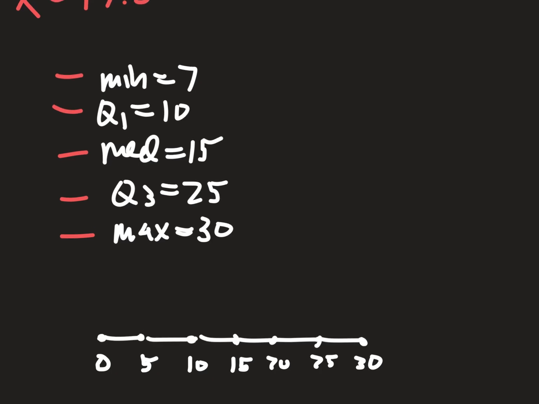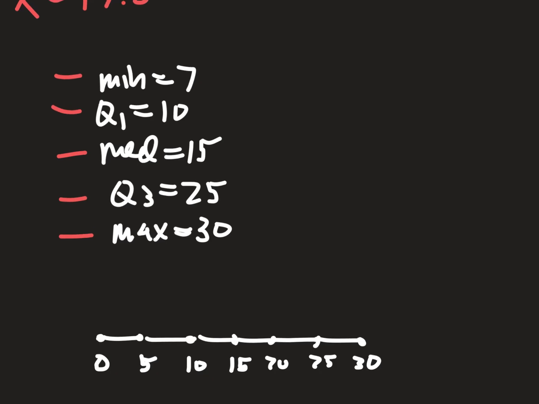Now, above it, I start at 7, and I go all the way to 30. In my opinion, this is the fast way to do it. Now I draw my box in, which is from Q1 to Q3. That's from 10 to 25.